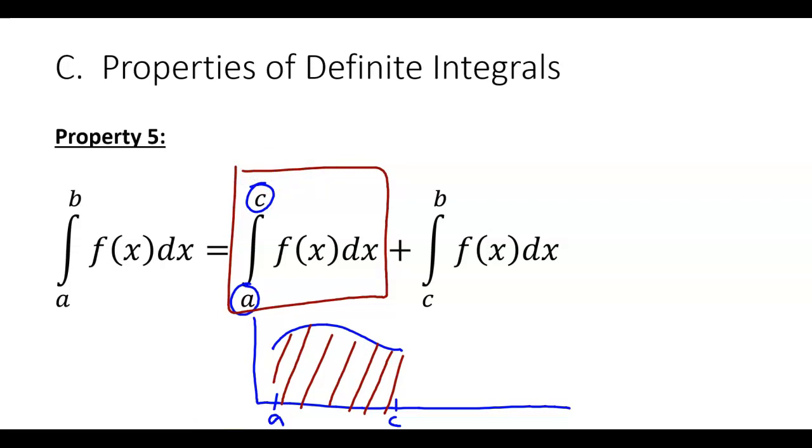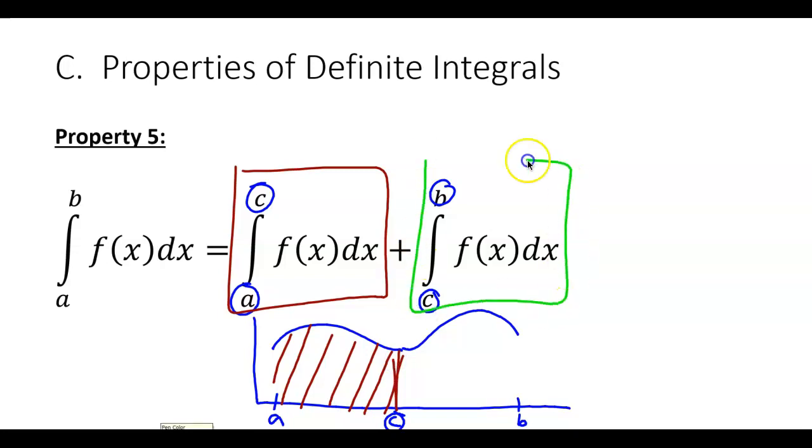Now, the area under the curve from C to B. So now I want to go from C to B. So I'm going to pick up where this one left off, and then we're going to stop at B. So my function is going to keep going like that now. This first area stopped at C, but now this next area is going from C to B. So the area under the curve from C to B is this.